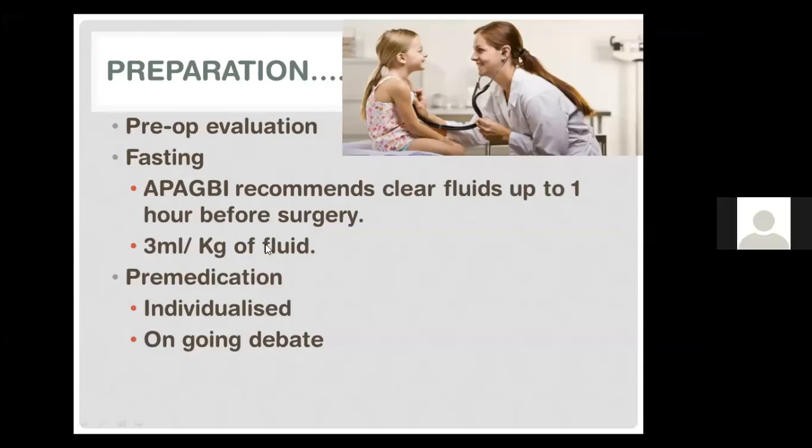It can be tea. Someone has already put it in the chat. If you put newspaper print, any writing across, you'll be able to see the writing on the other side. As long as you're able to see that, then it is a clear fluid.